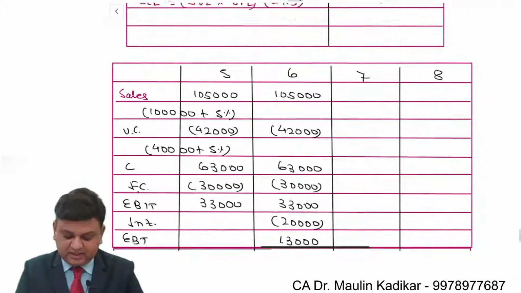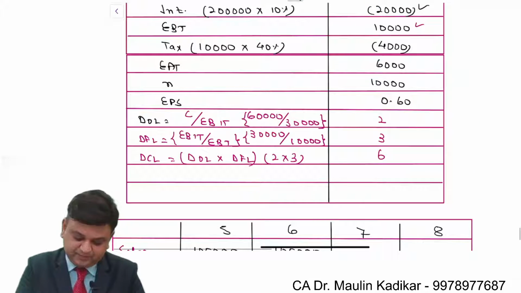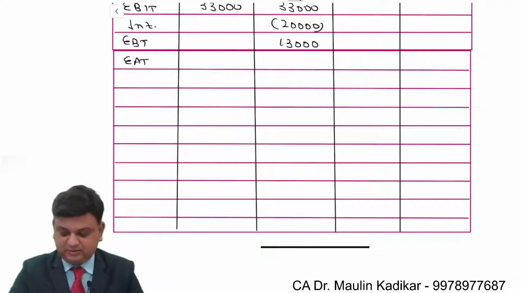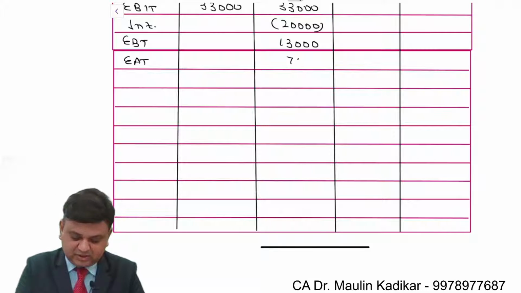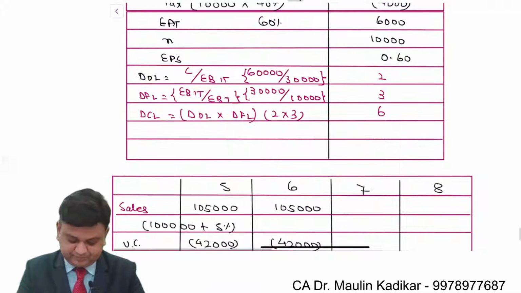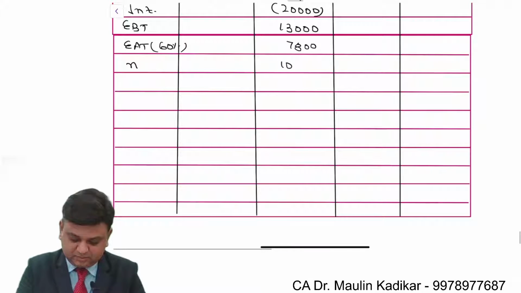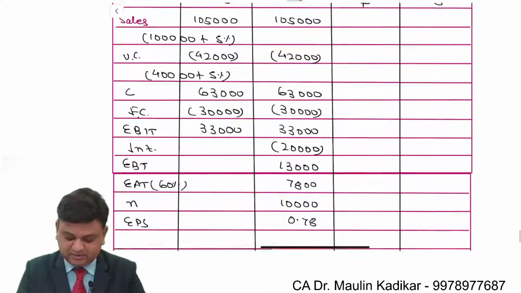Now this time I am writing earning after taxes directly. It is 60% of earning before taxes. So 13,000 into 0.6, that comes to 7,800. It is 60% of EBT. Divided by number of equity shares. Number of equity shares are 10,000. And we get EPS, that is 78 paise.